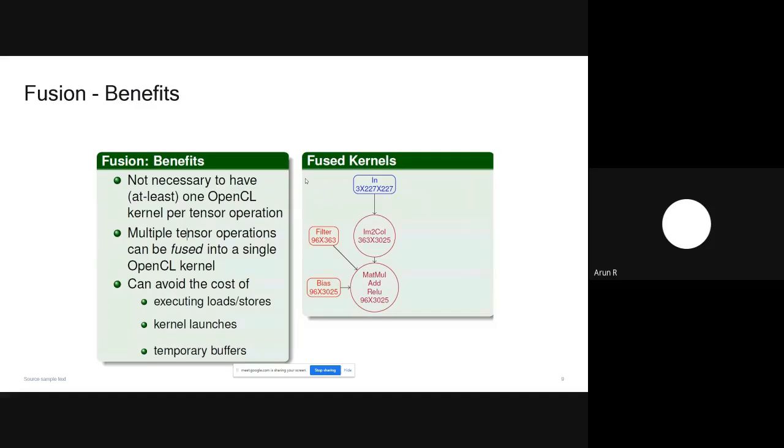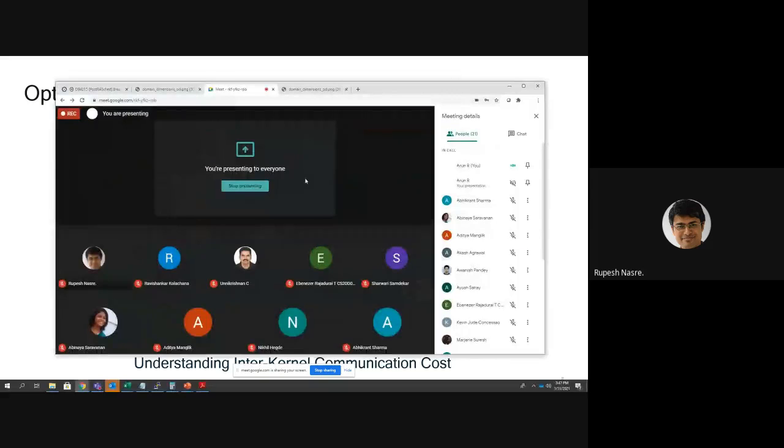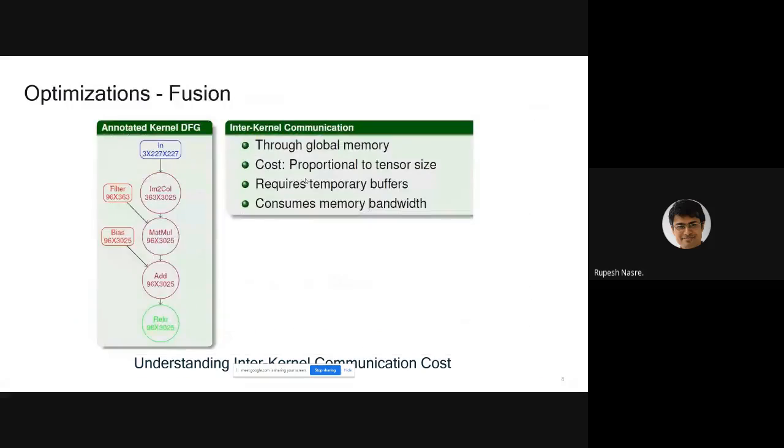Arun, one question. Yes, Rupesh. In this case, are all the tensor sizes known a priori at compile time, or are there possibilities of dynamic sizes also? No, we assume that they are all known at compile time, Rupesh. I see. Okay. But these could be arbitrarily large.